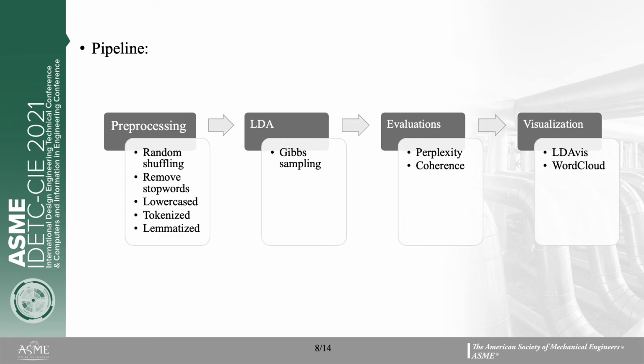Please note that lemmatization may increase the difficulty of interpreting the original text data. And then all the terms will go through the LDA algorithm solved by the Gibbs sampling method. The generative models will be evaluated by both perplexity and the coherence score. And the final result will be visualized by LDA visualization and the word cloud.